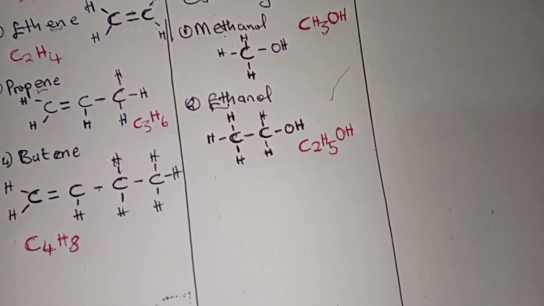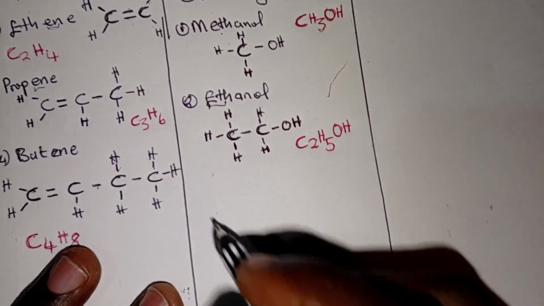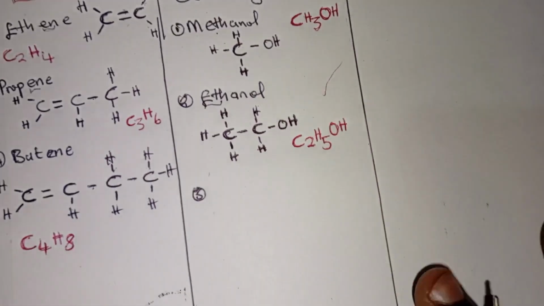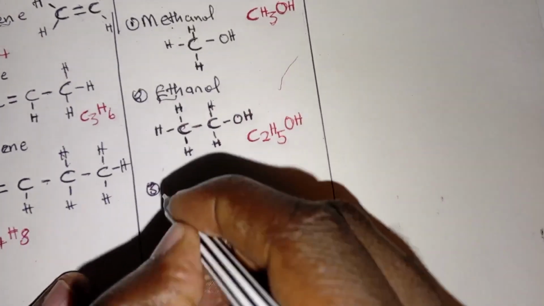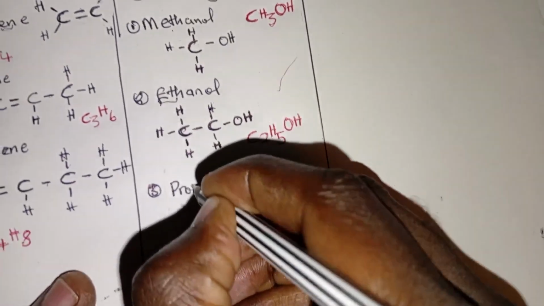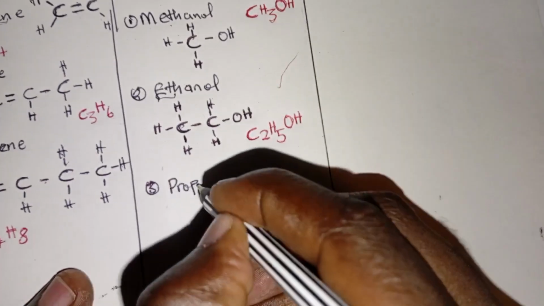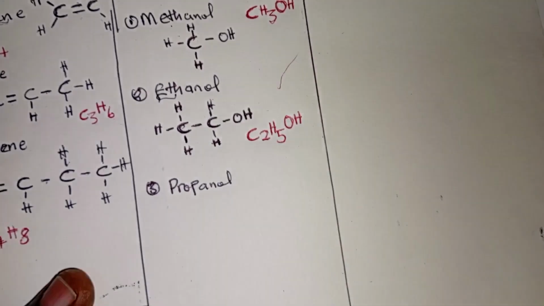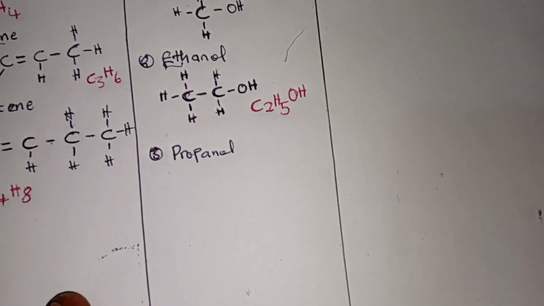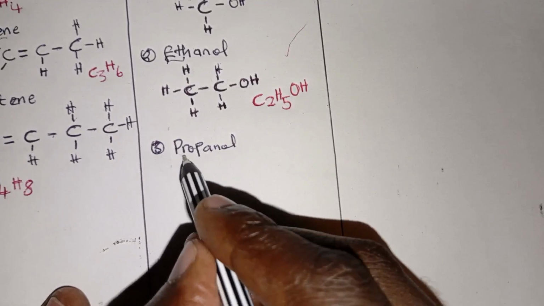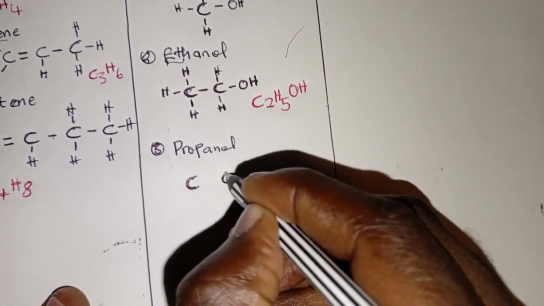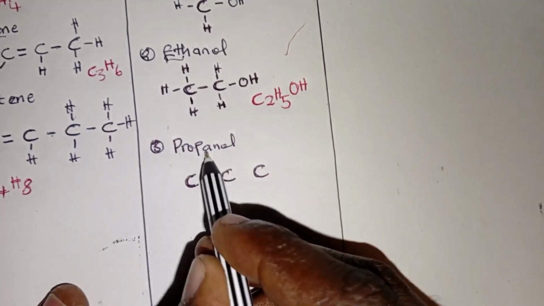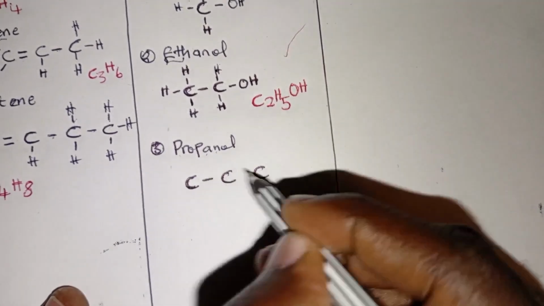We do one more, the last one on this group. So number 3, I'm sure you know. This is the counting that we are following: meth, so number 3 is prop. The surname is ano, so it reads as propanol. Prop tells you there are 3 carbon atoms, 1, 2, 3. AN tells you everywhere it's a single bond.